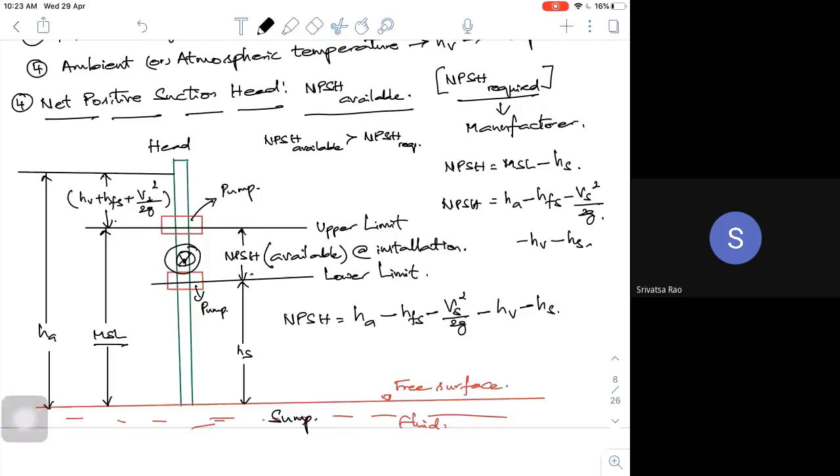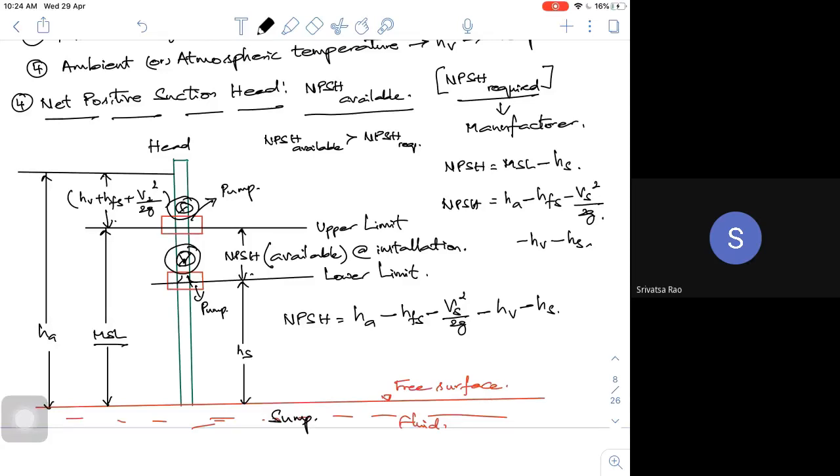So I will be placing here, but I have an option to go up to MSL. I have an option to go up to MSL, but I can't go beyond MSL. So what will happen if I try to install my pump above MSL? There is every possibility of cavitation.